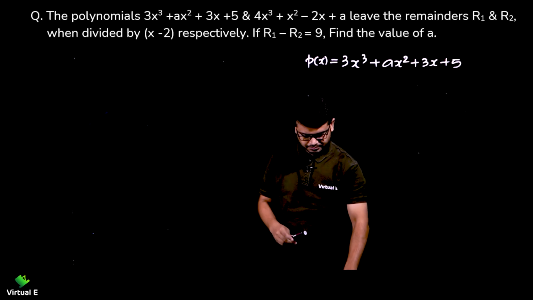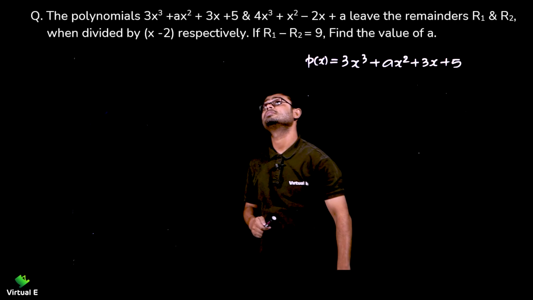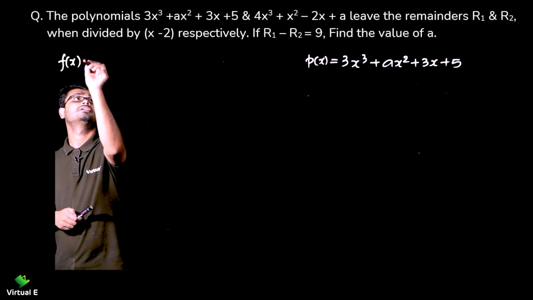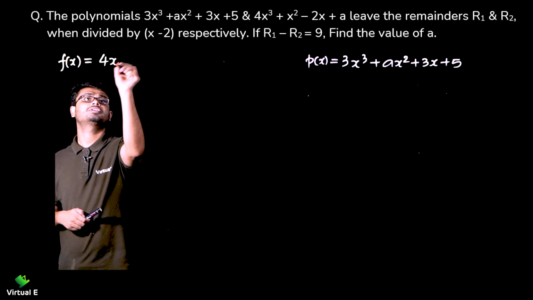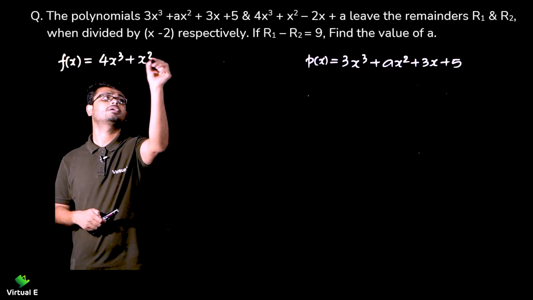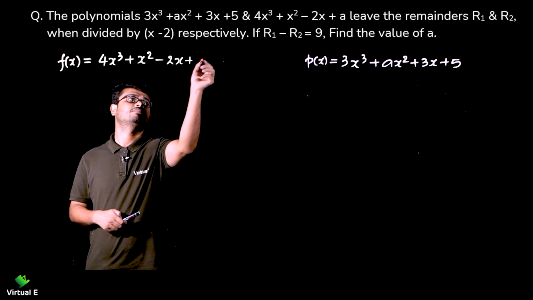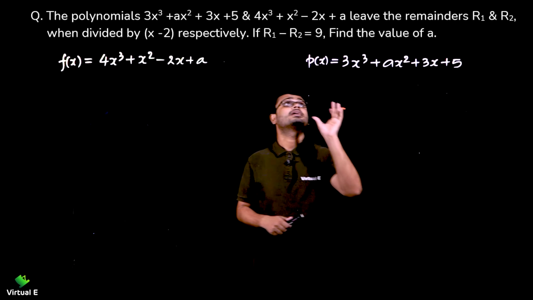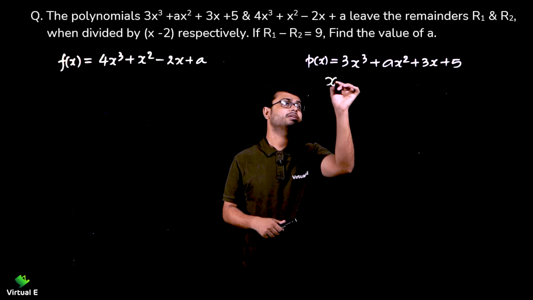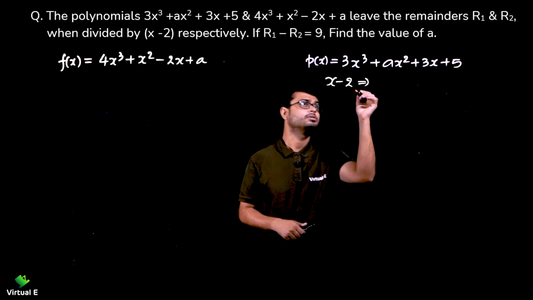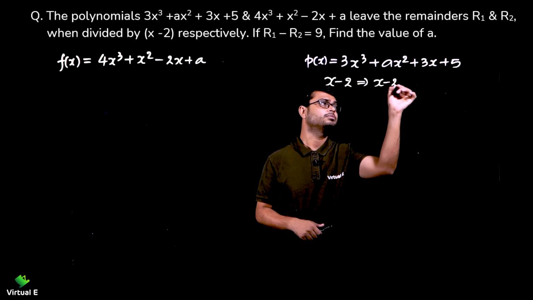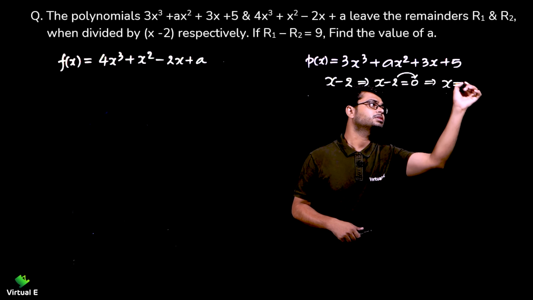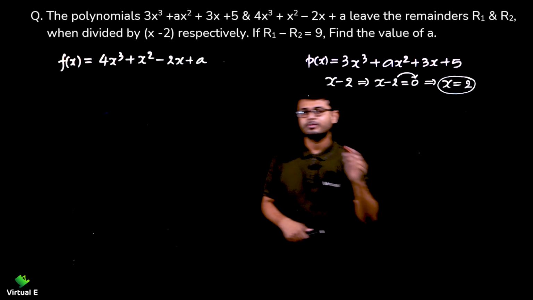And the other we can write as q(x), or let's take f(x). f(x) is equal to 4x cubed plus x squared minus 2x plus a. Now, what about the divisor? It's x minus 2, right? So as we equate it to 0, we get the value of x is equal to 2.